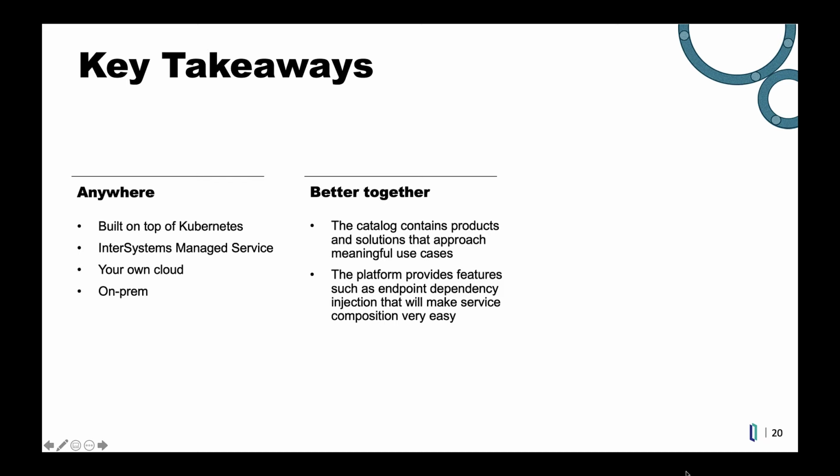And they are built to be better together. So we'll make composability really easy with concepts such as endpoint dependency injection that, like you saw in the demo, that Java application that needs an IRIS database, and you see that as you build your solution, how the services are combined with each other, and they are very easy to deploy.